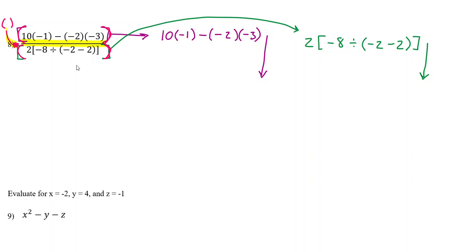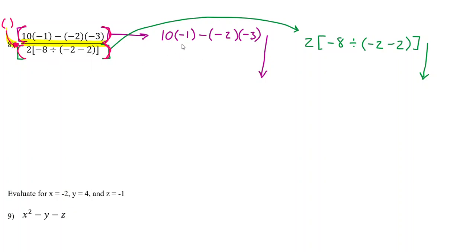So that fraction bar always means not only divide, but it also means parenthesis around the top, parenthesis around the bottom. So it's keeping the numerator and denominator separated from each other until we get them simplified.